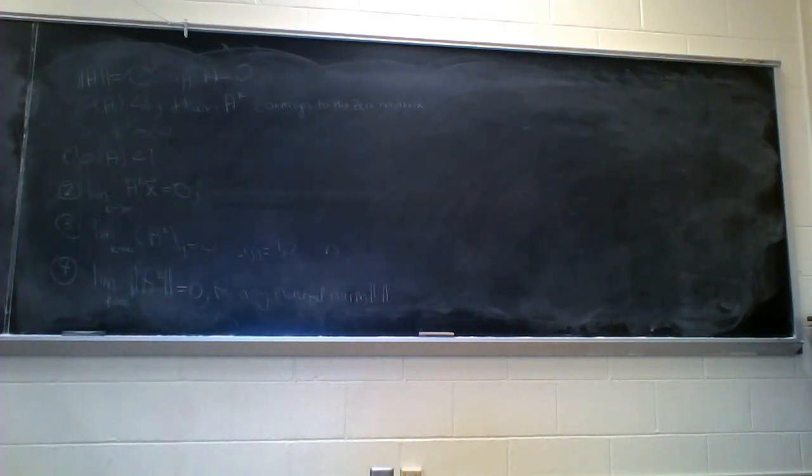So this one's saying the limit as k approaches infinity of A^k is going to go to 0, and all of these are true if I have the spectral radius less than 1. So these are just all different ways of saying the same thing. That we have this sequence of vectors that converges to the 0 vector if this necessary and sufficient statement is true.